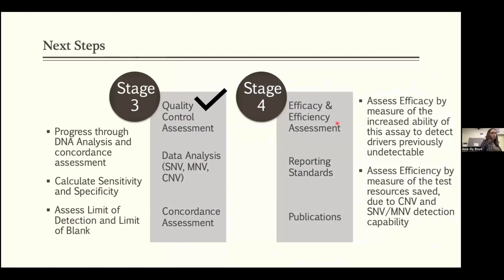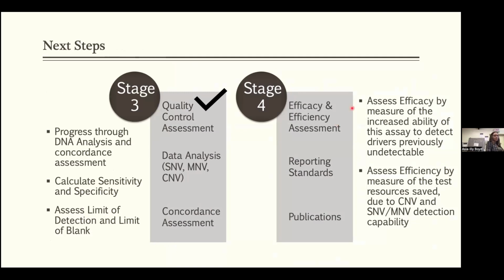So that completes the quality control assessment. And the next steps are to go through the DNA analysis in more detail for the SNV, MNV, and CNV results to calculate the sensitivity, specificity, the limit of detection, and the limit of blank. And then moving into stage 4 will be the efficacy and the efficiency.